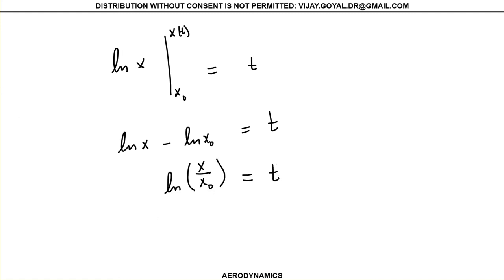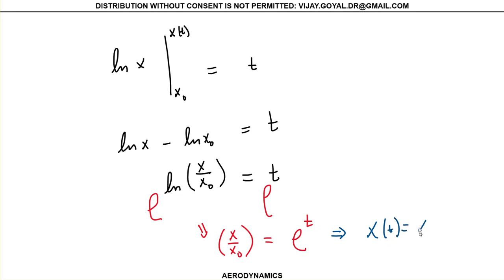Now I can take the exponential on both sides, and x over x sub 0 is equal to e to the t. That will produce the following answer: x of t is equal to x sub 0 e to the t. That is the function x that was actually used to find that velocity.